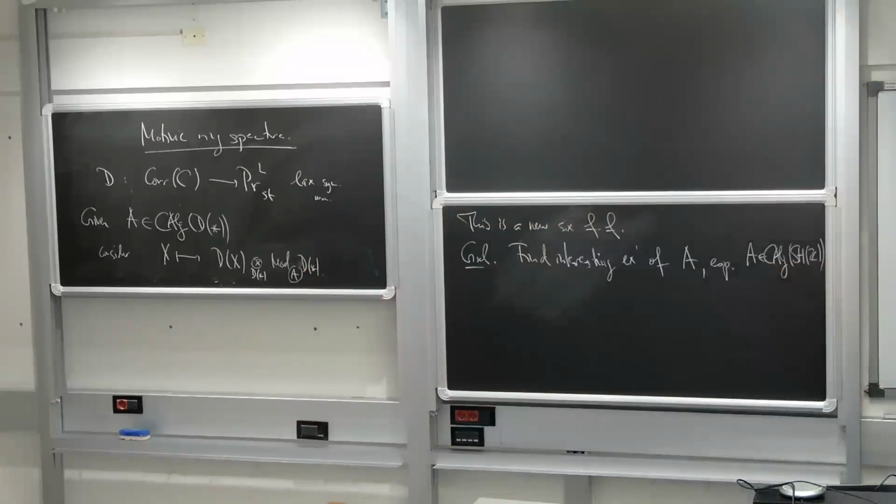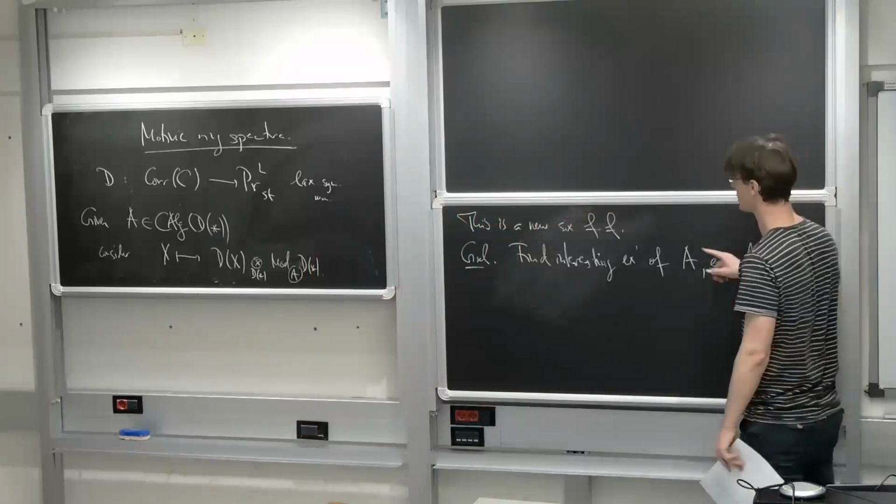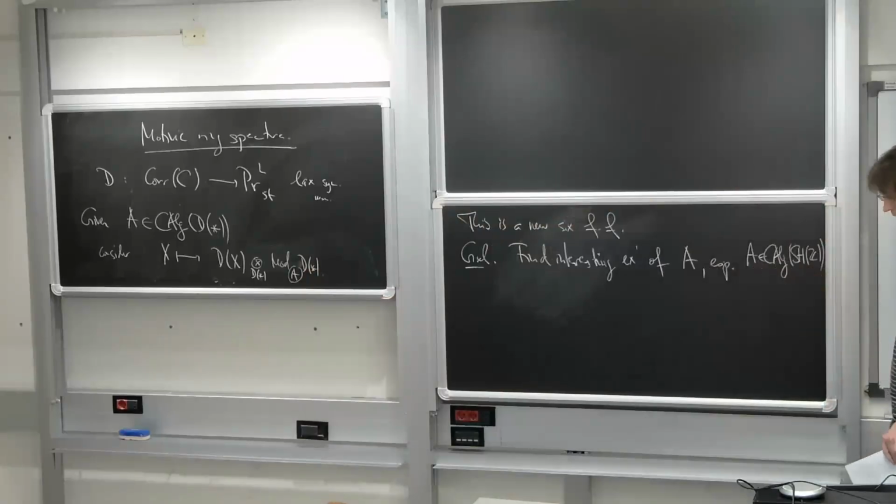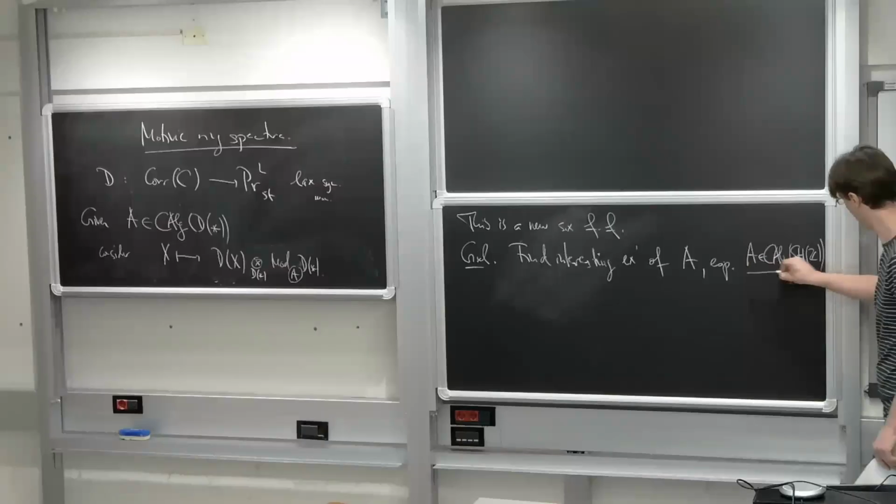Such guys are called motivic ring spectra. Motivic because of SH, and ring because they are E-infinity ring spectra implicitly rather. So that's our goal today.